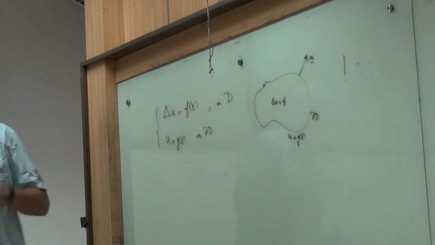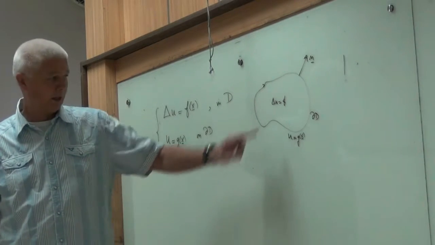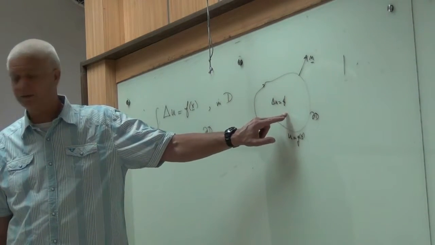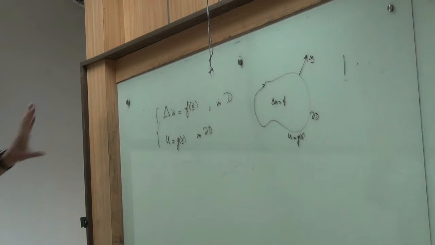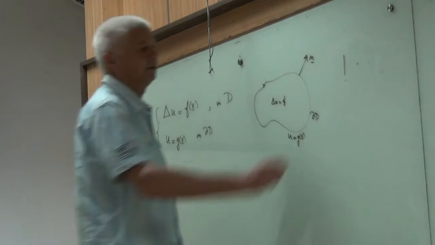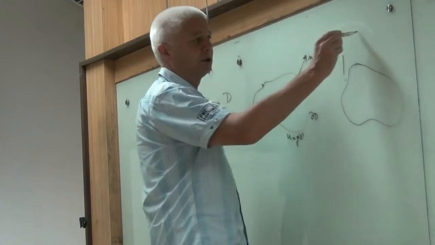If you look at this problem, then you might say we have a stationary heat problem with sources f inside. We specify the temperature on the boundary. What is the temperature inside the domain? Sometimes you might also look at the other problem, where you have a domain similarly, but you're looking at the outside.